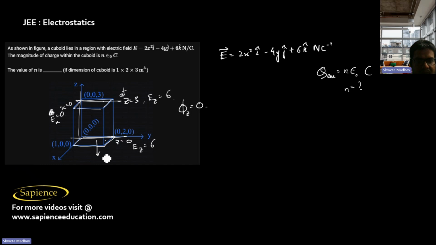Here the area vector will be, this is 1, this is 2, so 2 meter square minus k cap for one face, and for the other face it will be 2 meter square k cap.